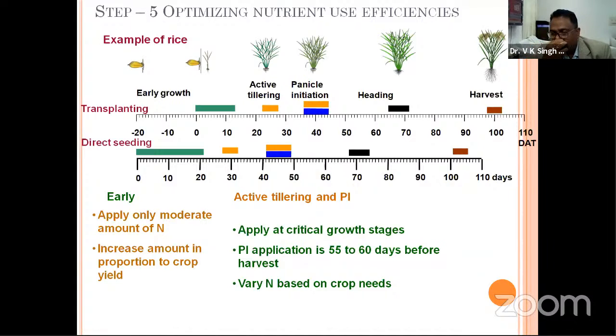So we find once you apply 2 splits of potassium, it gives better productivity, better efficiency, better grain filling, more lustrous grain, and better grain quality, even protein content, than applying once at the time of sowing. So 2 splits we generally recommend for all the cereal crops.